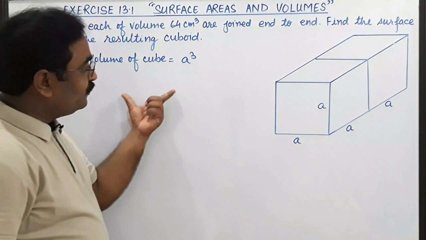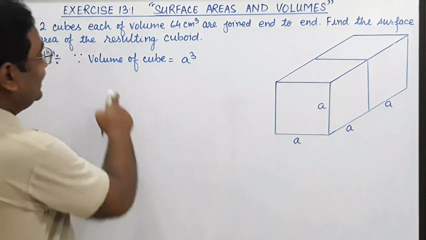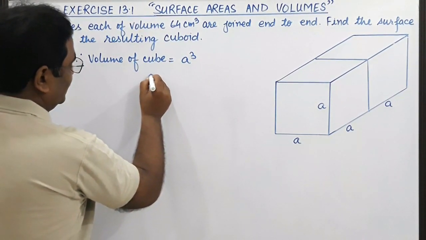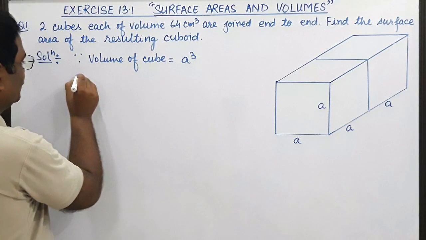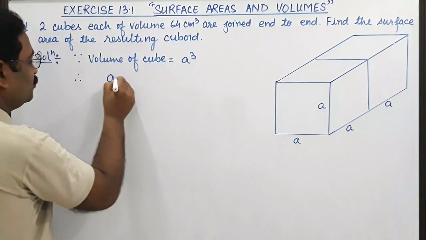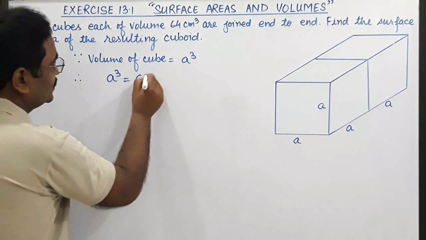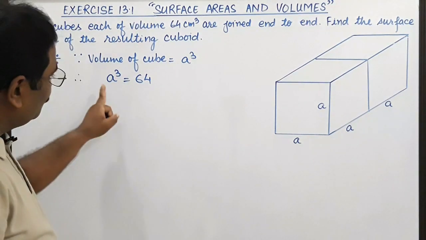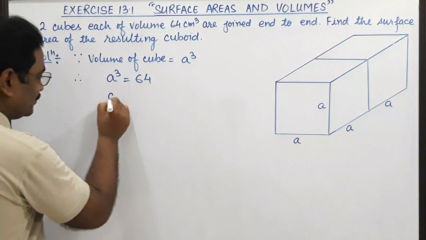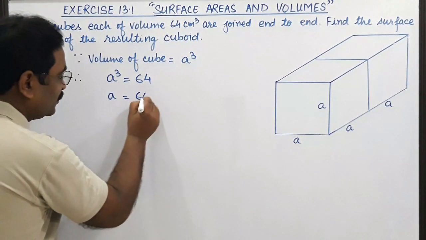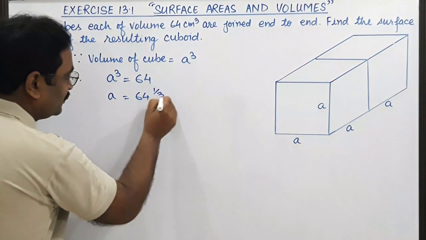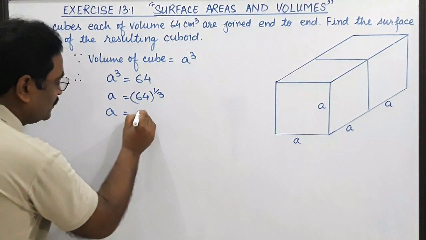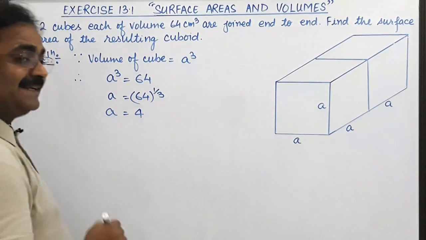So as the volume of a cube is A cube, and the volume of one cube is given as 64 centimeter cube, therefore A cube is equal to 64 centimeter cube. To find the value of side A, A is equal to the cube root of 64. So the cube root of 64 is equal to 4 centimeter.